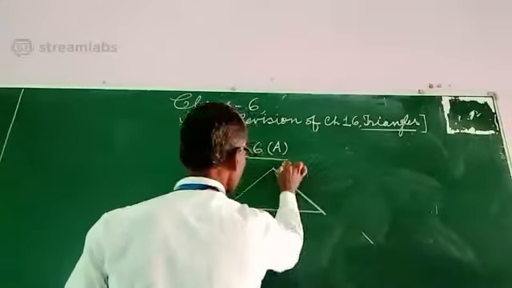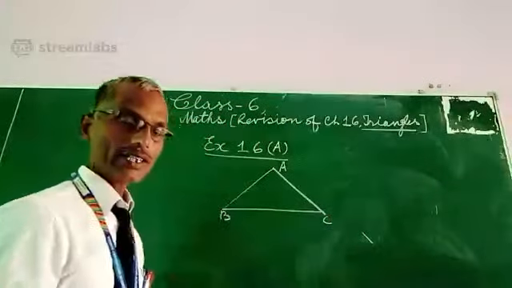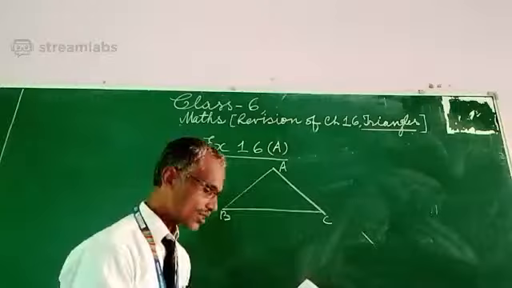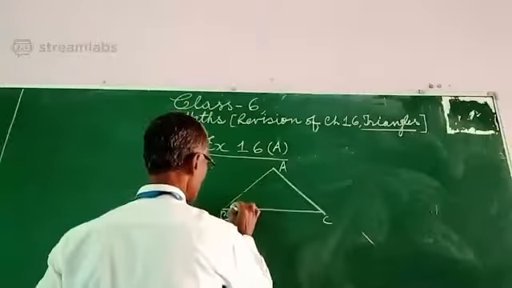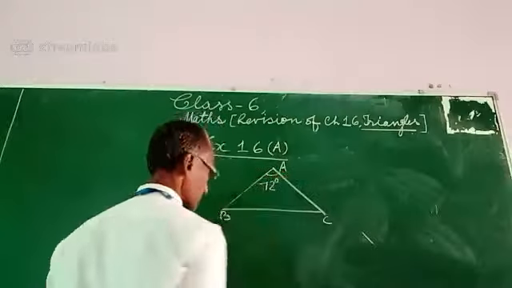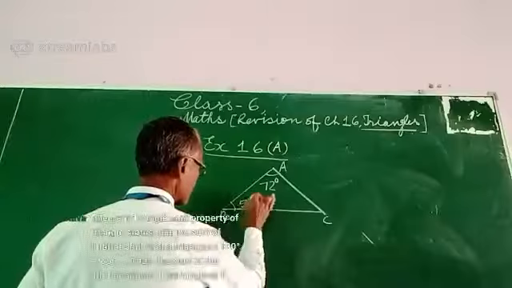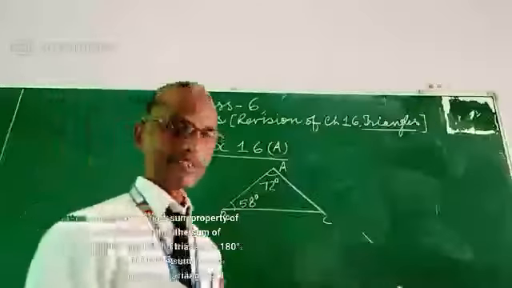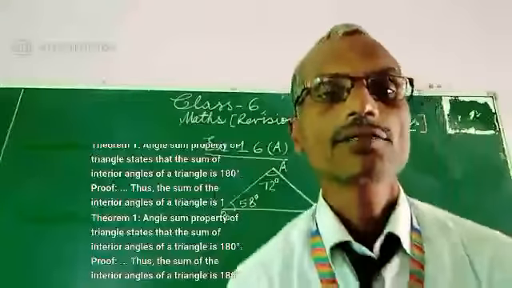It is a triangle, let's suppose A, B, C. Two angles of the triangle are 72 degree and 58 degree. So find the measure of the third angle. What is the measure of the third angle?